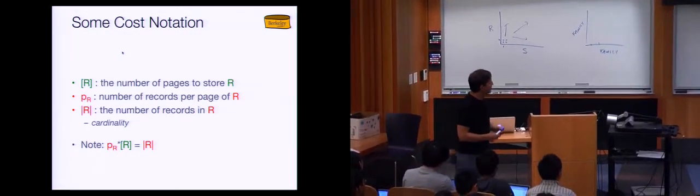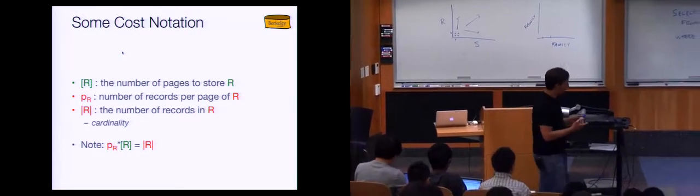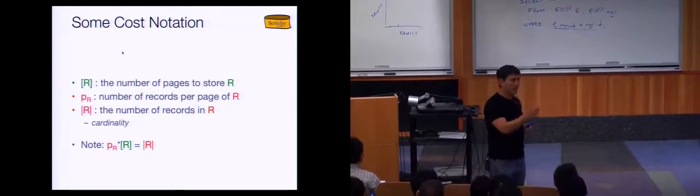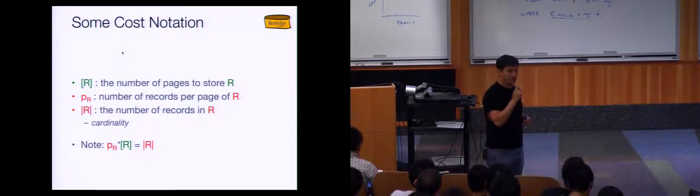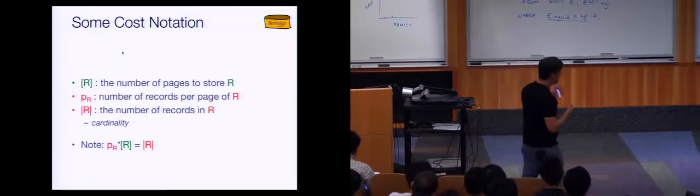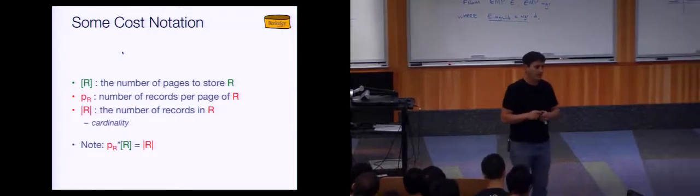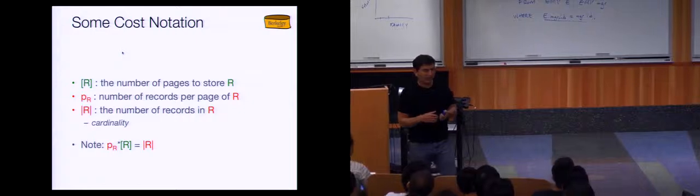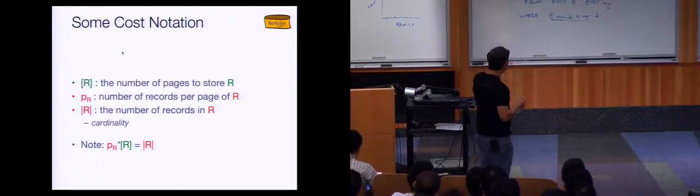So the notation we're going to use, brackets around a relation name, is the number of pages used to store that relation, where a page is the unit of transfer from disk. It's the I/O transfer unit. And in the case of the examples in the book, that's 4 kilobytes. Typically today you'd configure it more like 64 kilobytes, but that's a minor detail.